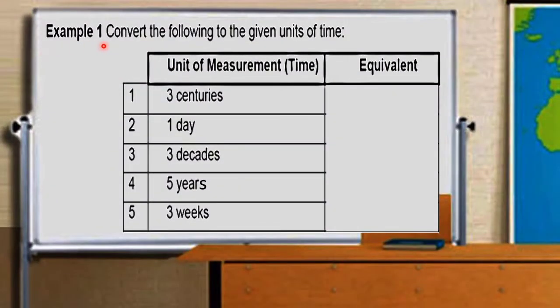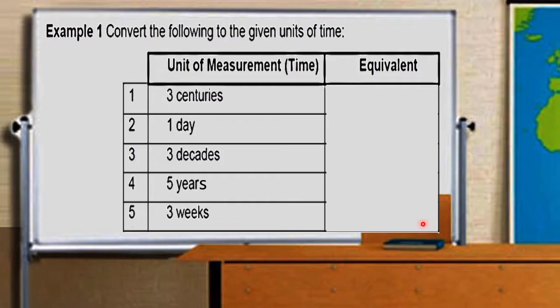Let's have our example number 1. Convert the following to the given units of time. How many hours are there in 3 weeks? So we all know that in 1 week, merong 7 days. 3 weeks to. So we need to multiply 7 sa 3. 7 times 3 is 21.